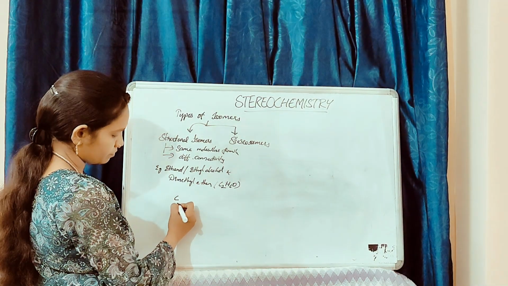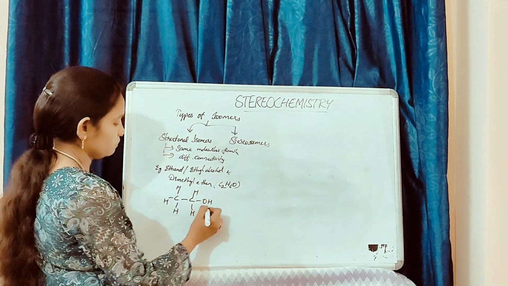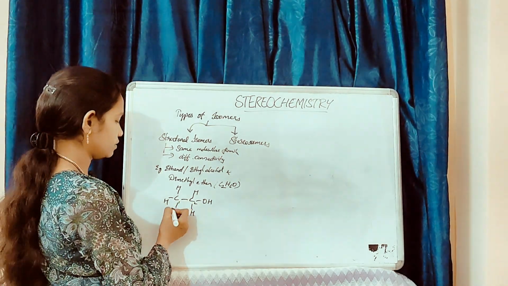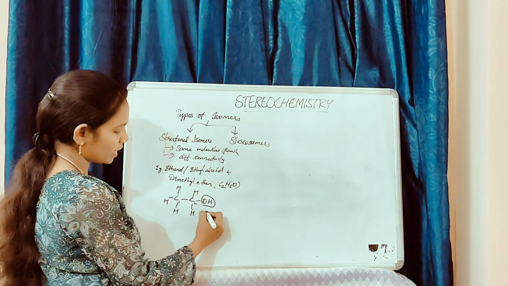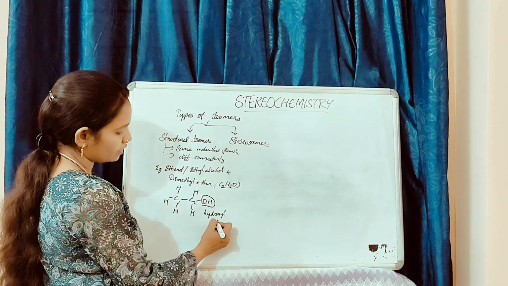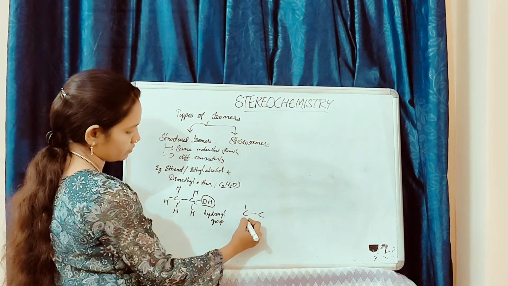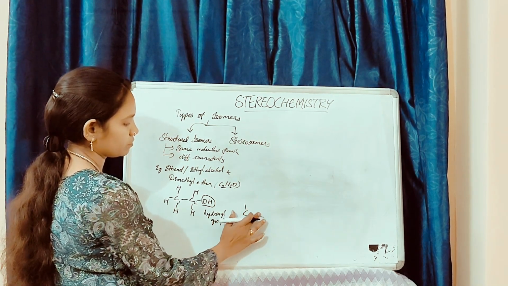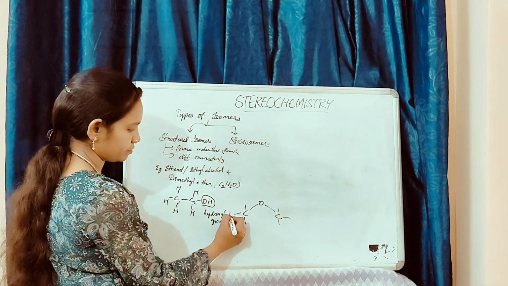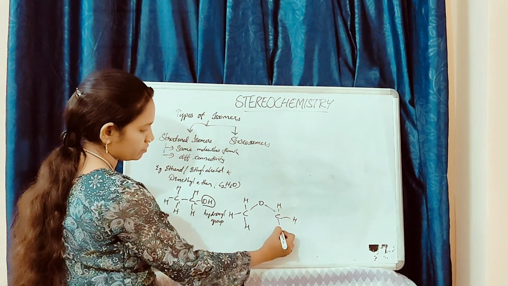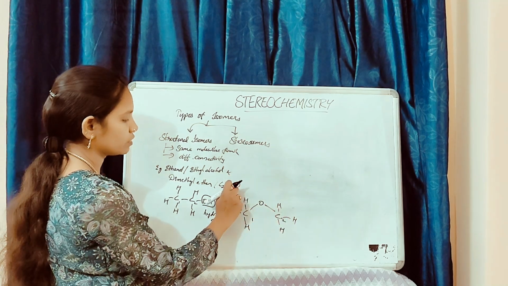First, ethanol or ethyl alcohol. If you take two carbon atoms, 1, 2, 3, 4, 5, 6 hydrogen atoms, C2H6, and O, here you have the functional group hydroxyl. Now take another example, dimethyl ether: C1, C2 carbon, again hydrogen atoms 1, 2, 3, 4, 5, 6, and this one oxygen.